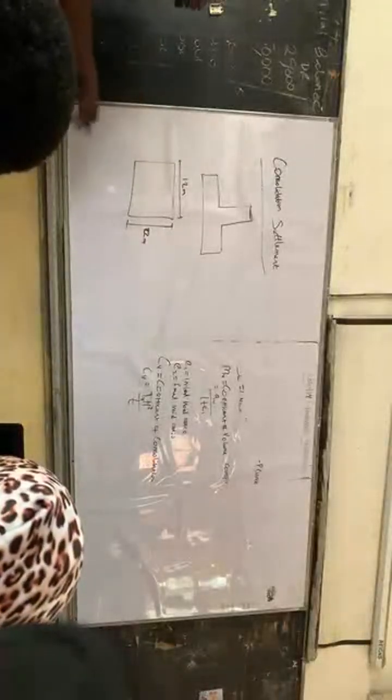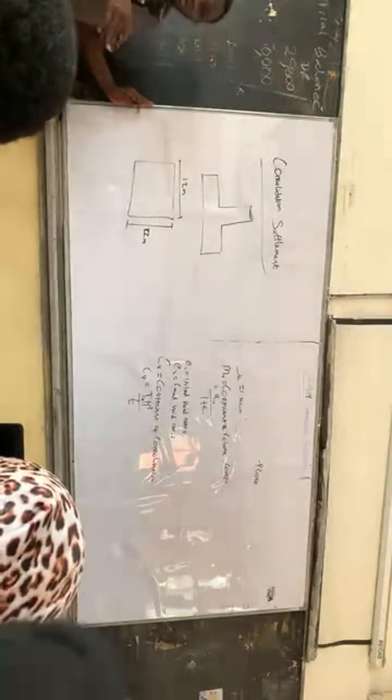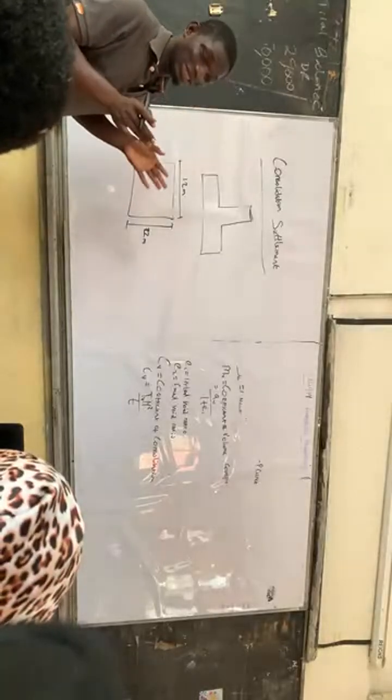Don't forget I mentioned that when we are dealing with a raft foundation, it looks like a square, but it must be rectangular. Towards the end of the question you see something about getting it at the center.